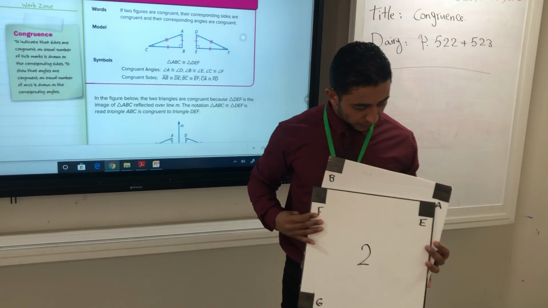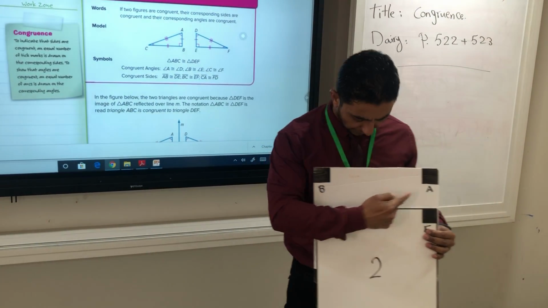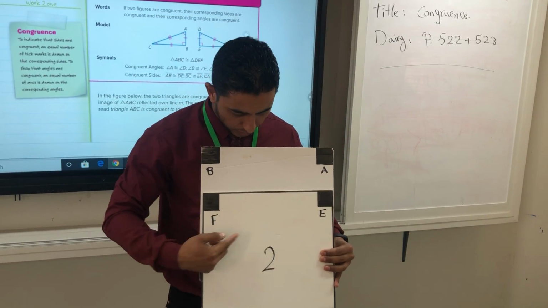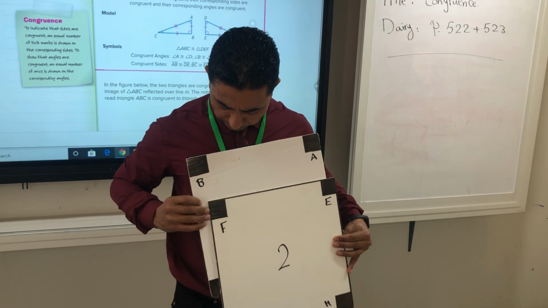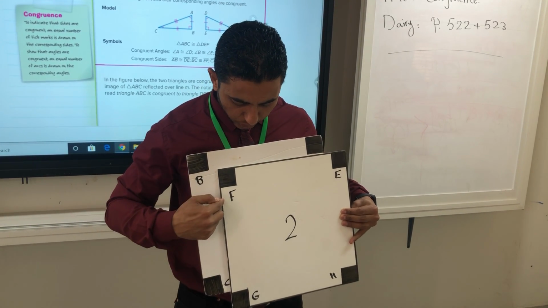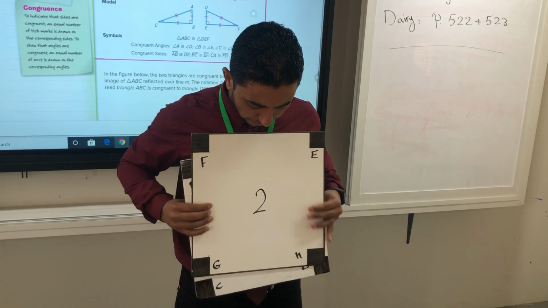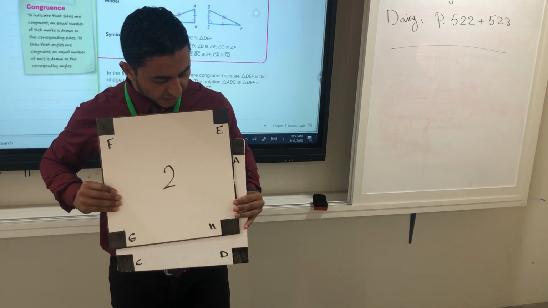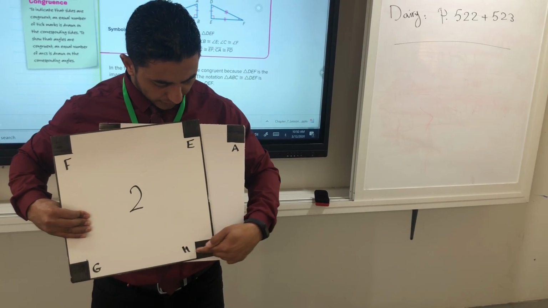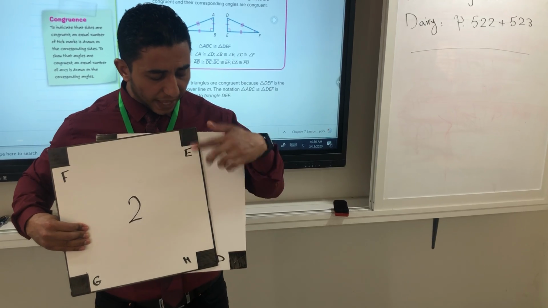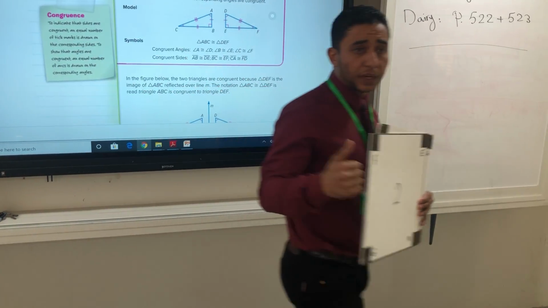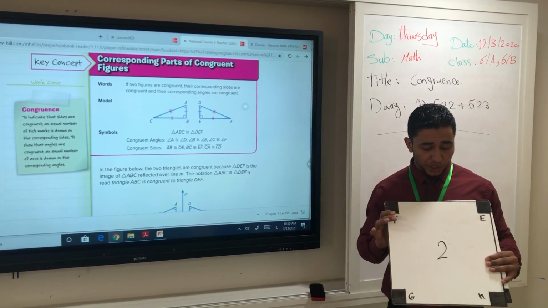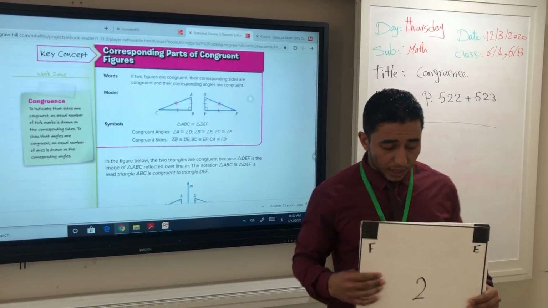The length of side AB is equal to EF, BC is equal to FG, GH is equal to CD, and DA is equal to HE. And all angles are congruent. Congruent means equal in measure. All angles are equal in measure, and all sides are equal in length.